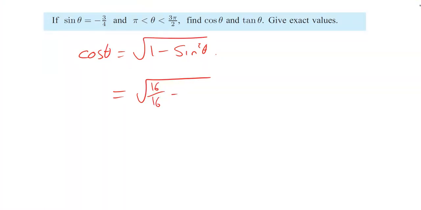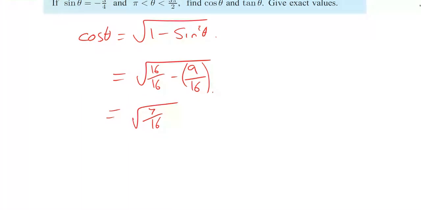And then if I think about minus 3/4 being squared, that's going to be 9/16. So therefore we're going to be left with the square root of 7/16. Now, when we simplify this, we obviously get two answers, the plus and minus of root 7/4.